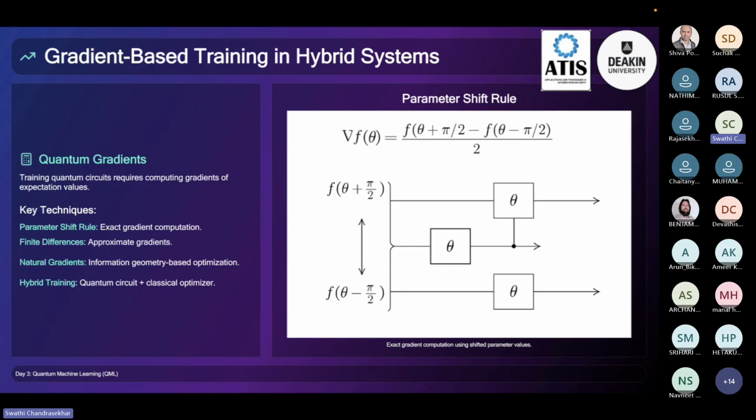For instance, the probability of getting 1 on a certain qubit after running the circuit. The parameter shift rule says to compute the derivative of f with respect to theta, run the same circuit twice, once with the parameter shifted up by pi by 2, and once with the parameter shifted down by pi by 2, and then subtract the results and divide by 2.